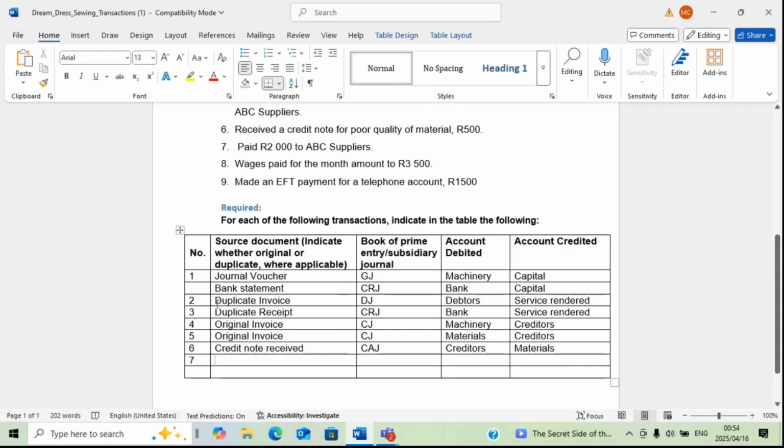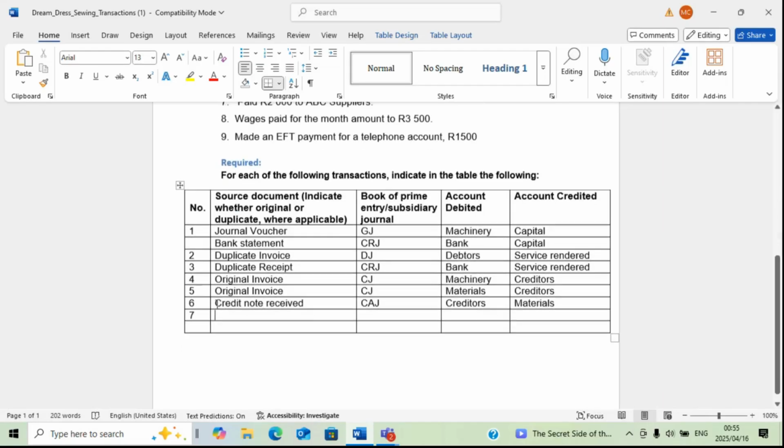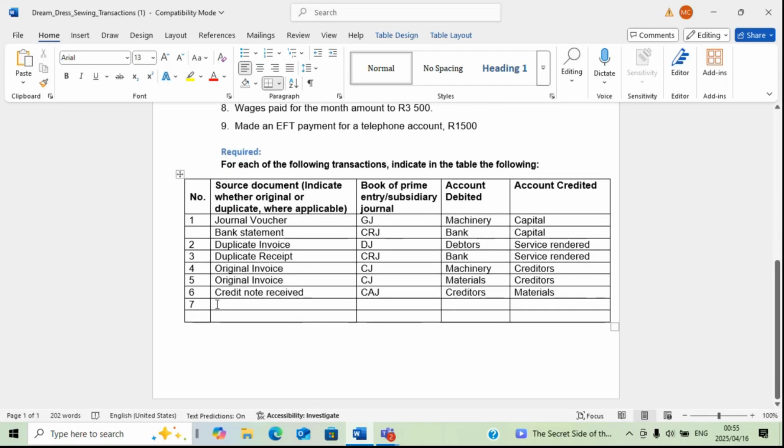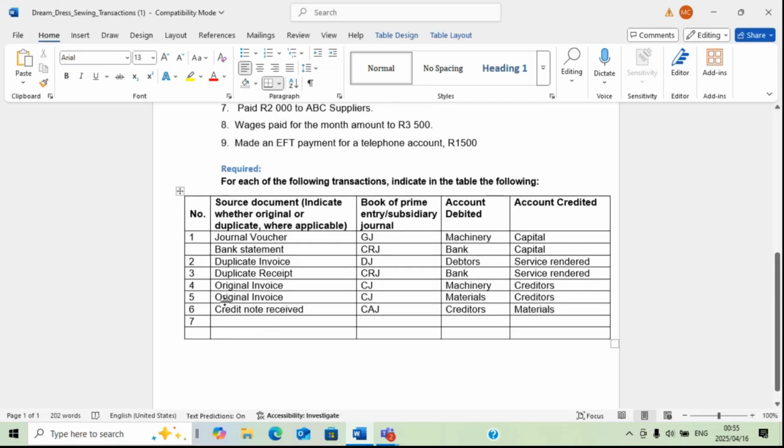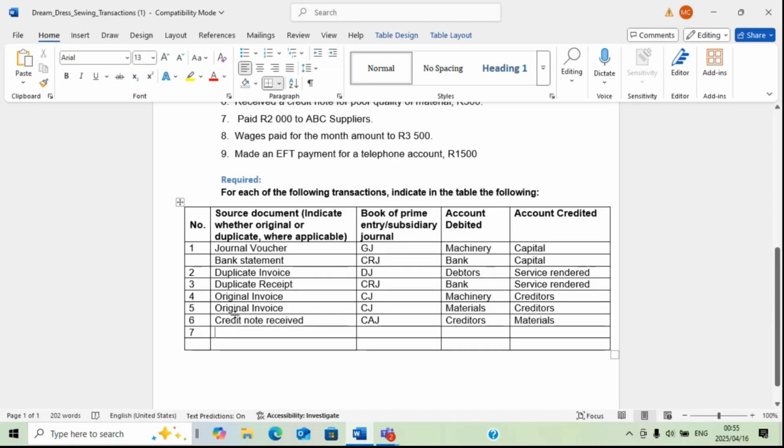So transaction number 7, they say you paid 2,000 to ABC supplier. So you paid your suppliers 2,000 rand. When you pay your suppliers, they are going to give you an original receipt.